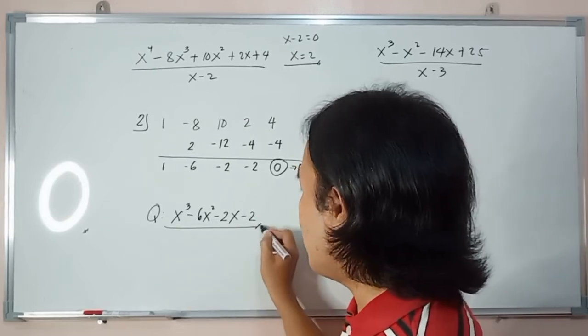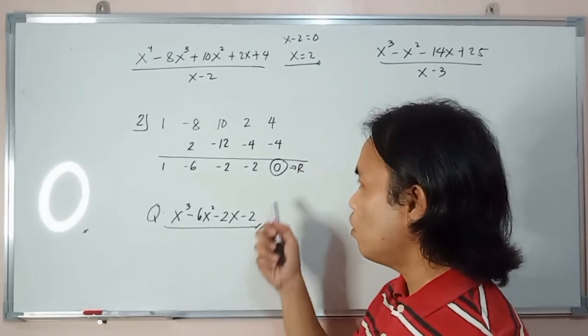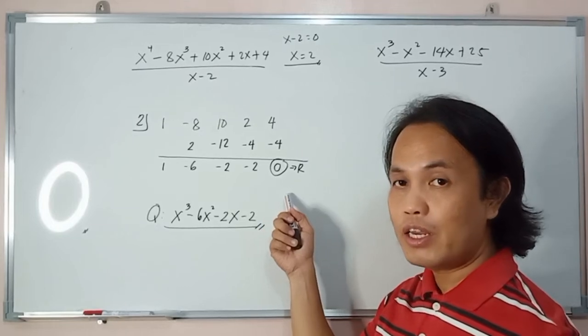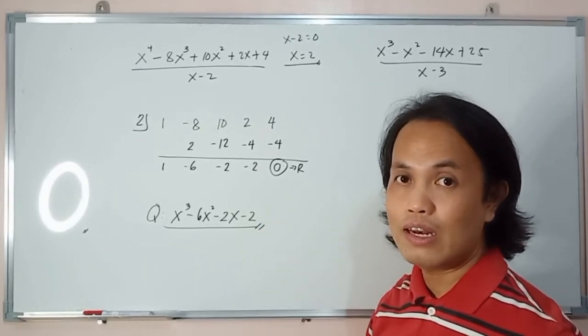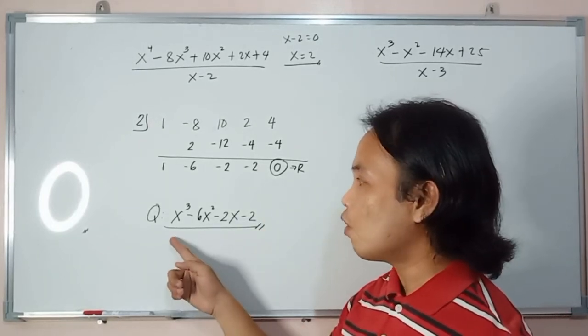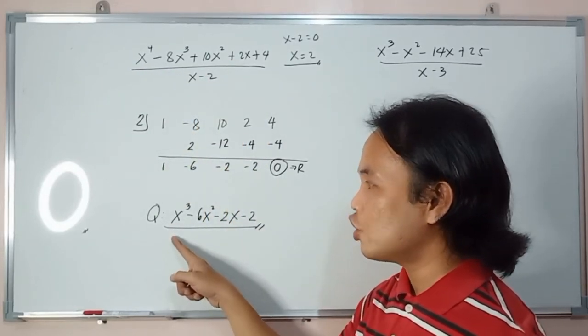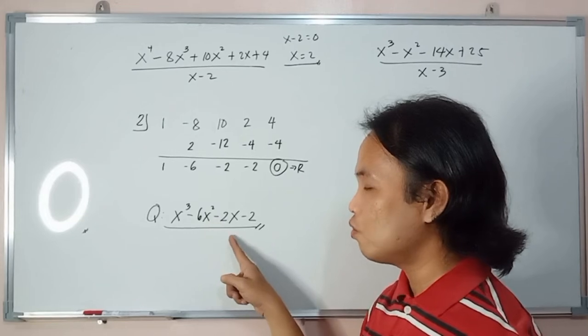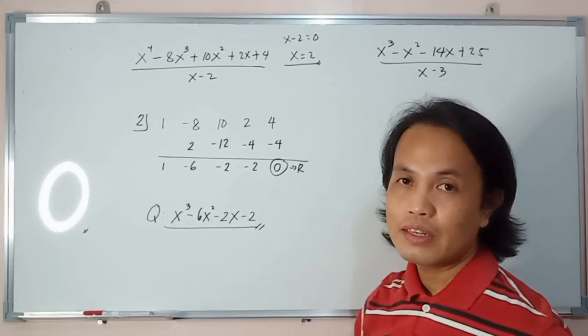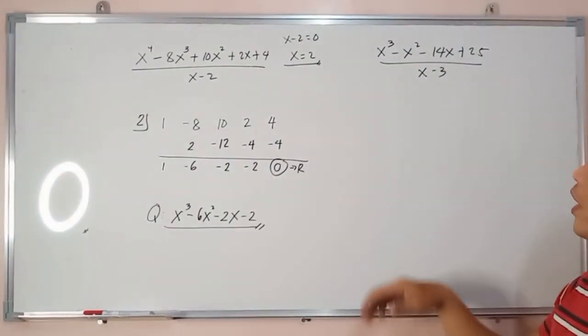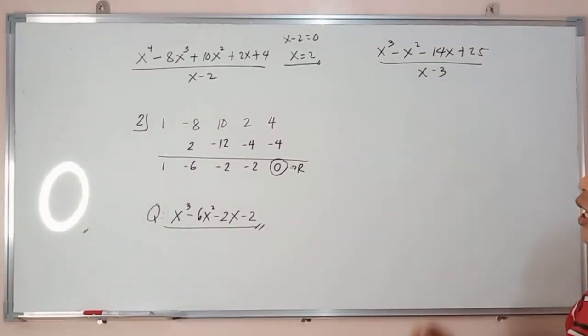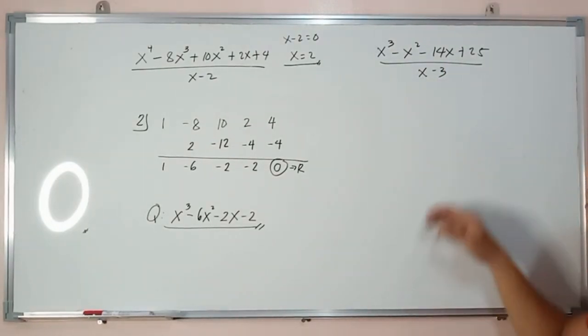So this is now our quotient. We will no longer write 0 as the remainder because it is 0. So our quotient, when we divide this polynomial by this polynomial, will be x cubed minus 6x squared minus 2x minus 2.